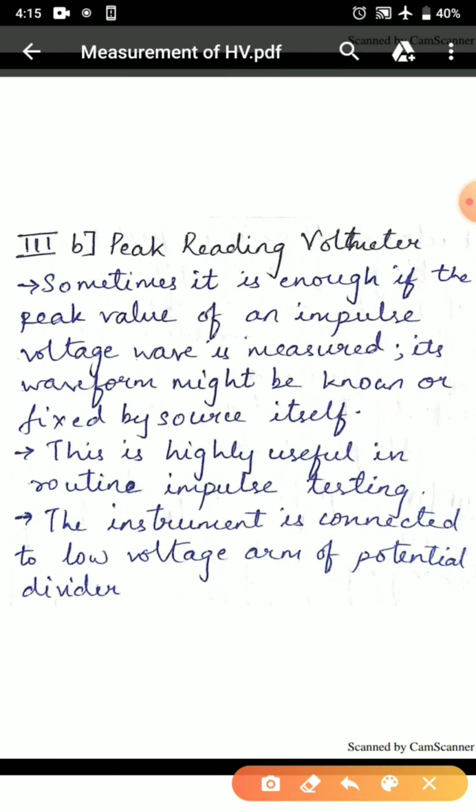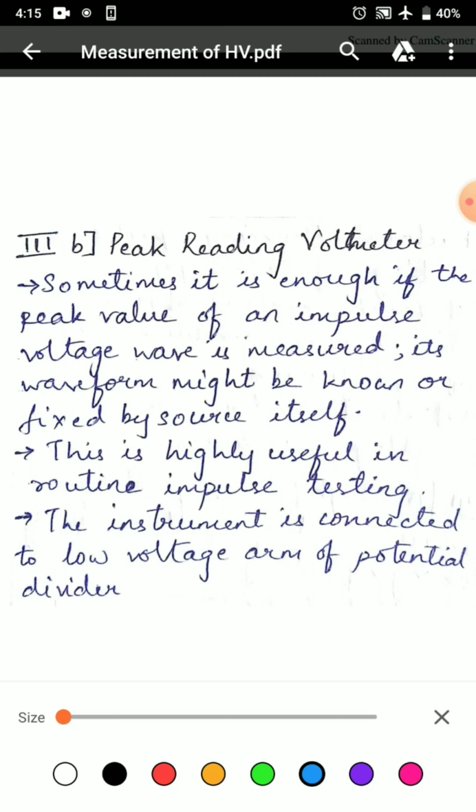The second type of instrument for measuring impulse voltages is the peak reading voltmeter. Sometimes it is enough if the peak value of an impulse voltage wave is measured. Its waveform might be known or fixed by the source itself.